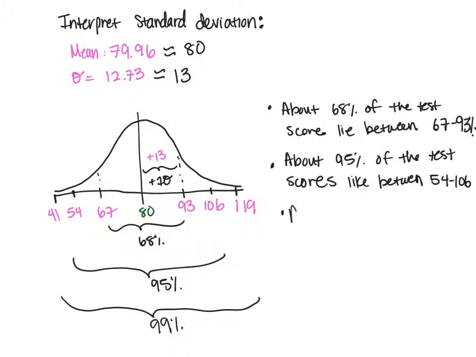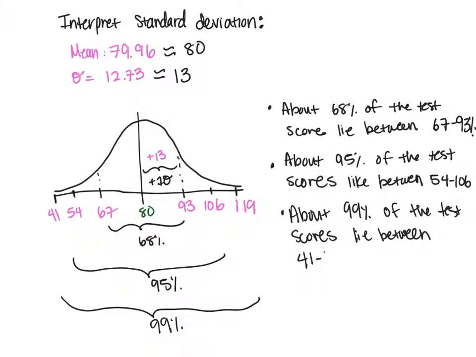So I can say about 99% of the test scores lie between 41 and 119. Also, I think I made a little typo here. This should have been lie, not like.